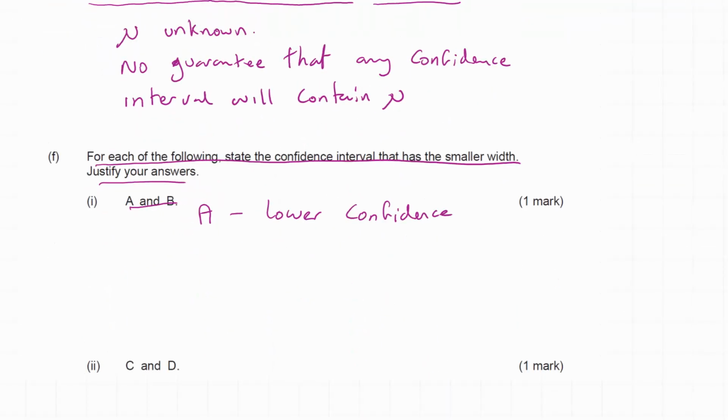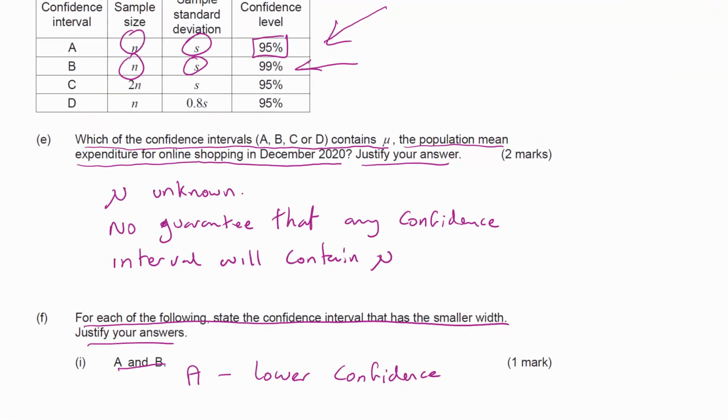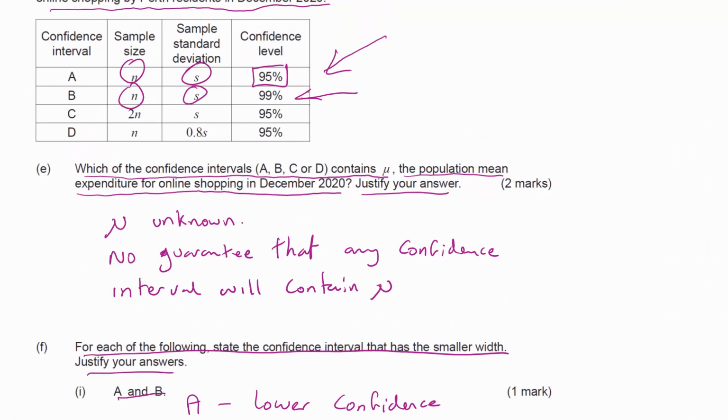And then finally, we want to compare between C and D. Now, it would be easy to jump here and go for C because of the 2n, but note the smaller standard deviation for D. So we're actually going to have to calculate here.